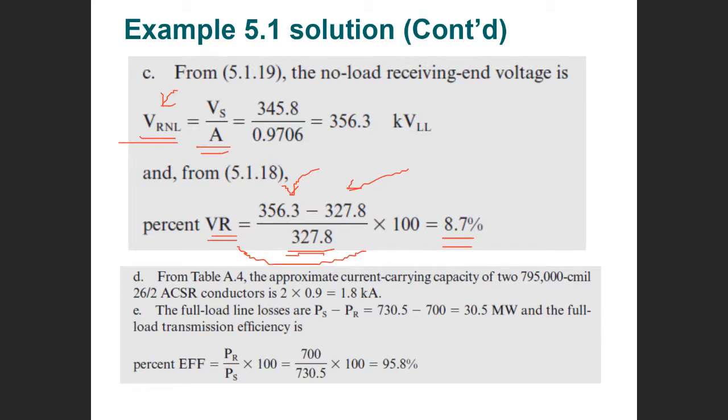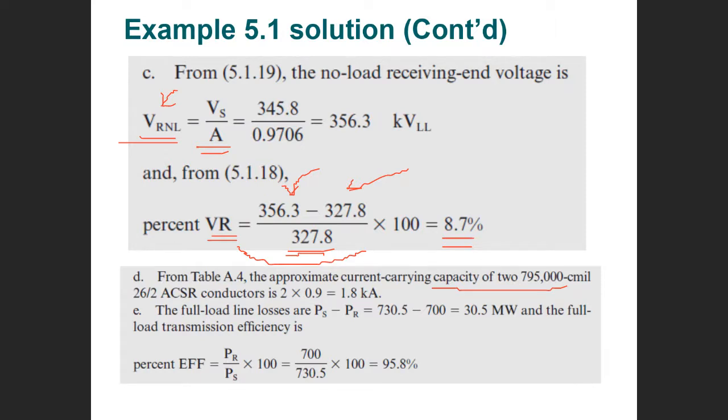Okay, and then what we want to find, from the table A4, is the approximate current amount. We want also to find whether we are on the safe side or not. So what we need to compare, if we want to measure whether we are on the safe side, is how far we are from the limit of the transmission line. The limit of what?